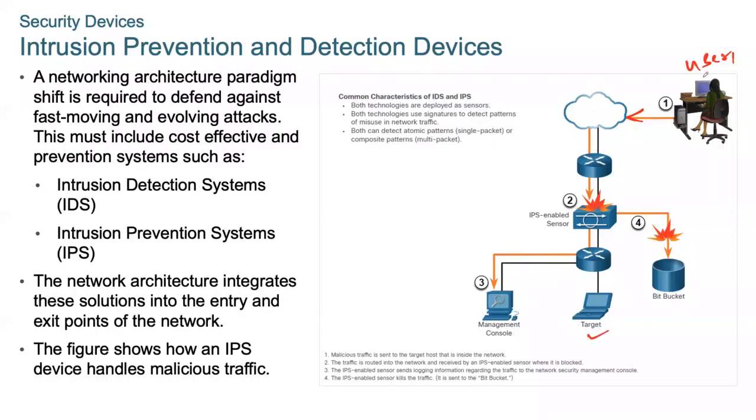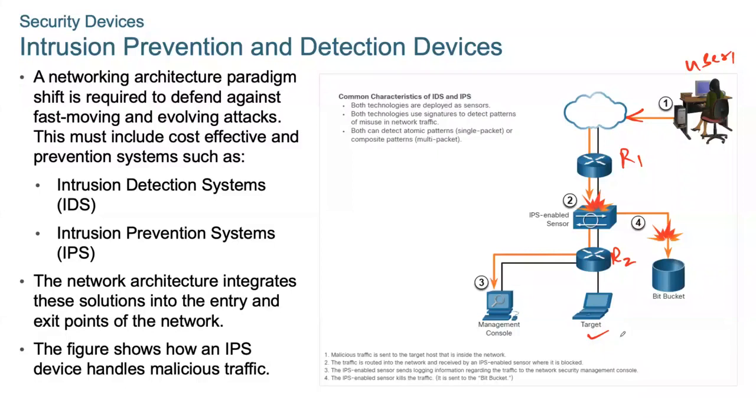How does the packet travel through this network? First it goes to the public network. From that public network, based on the routing protocol path which is determined, it goes to router 1, then router 2, and then it reaches your target.